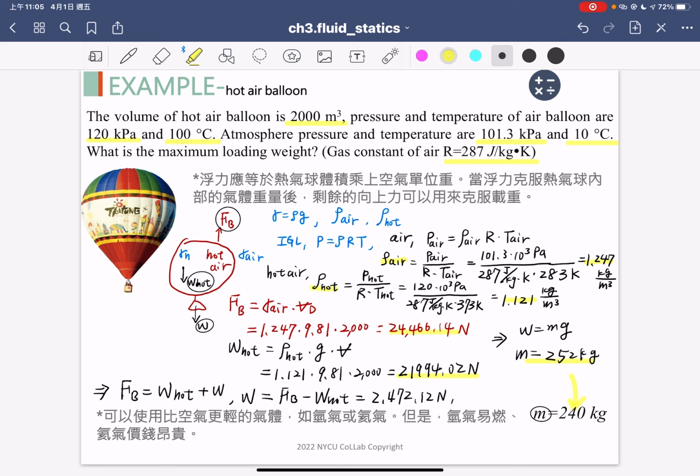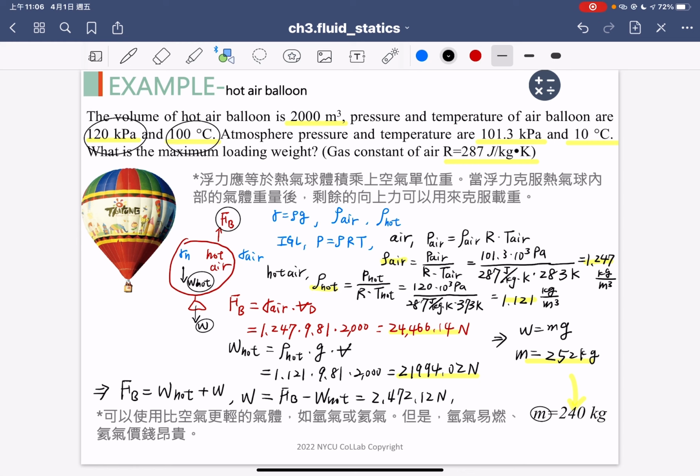So if we would like to support a people weight of 252 kilograms, we need to control the different pressure conditions and the different temperatures.